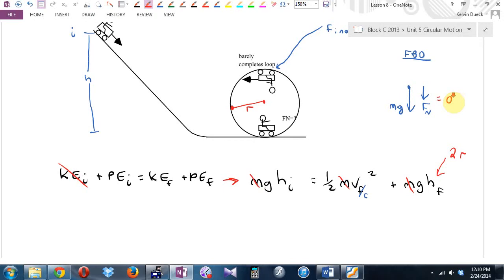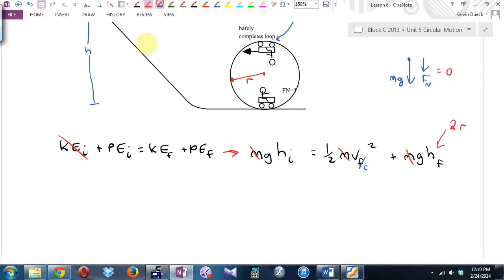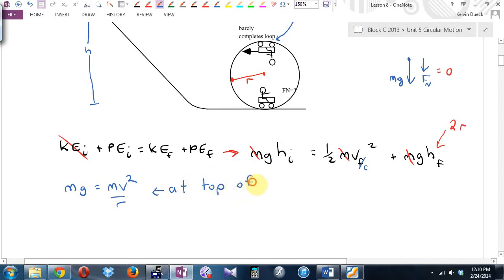So, I have this. Gravity equals, what path are we tracing out? At the top of the loop, gravity is what's pulling me around in a circle.